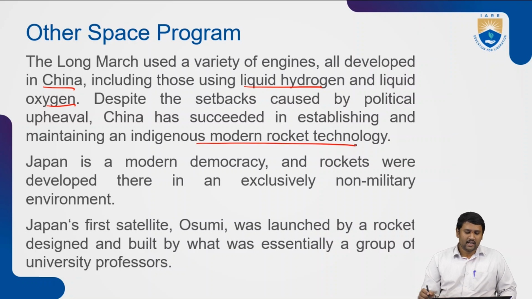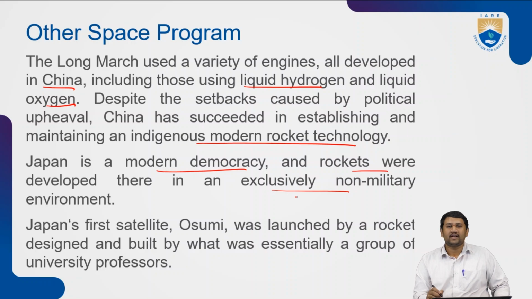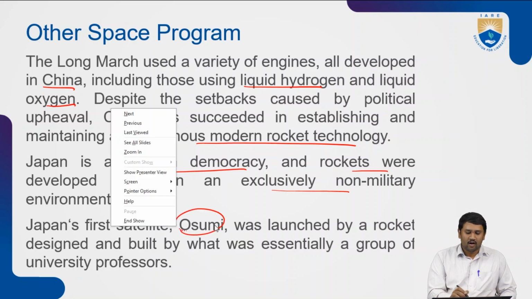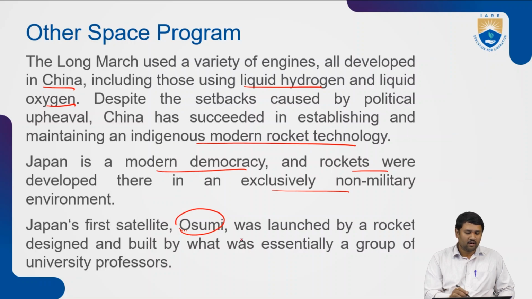Now coming to Japan, it is a modern democracy, and rockets were developed there exclusively for a non-military environment, particularly as an amateur developer. Japan's first satellite, called Ohsumi, was launched by a rocket designed and built by essentially a group of professors.